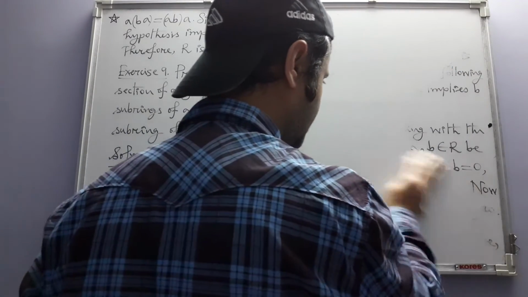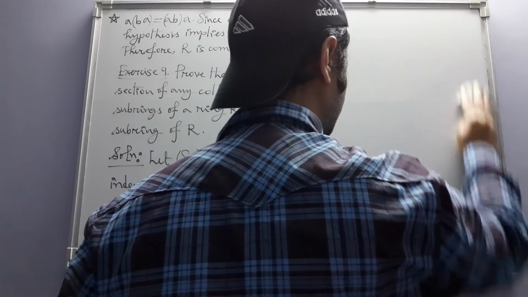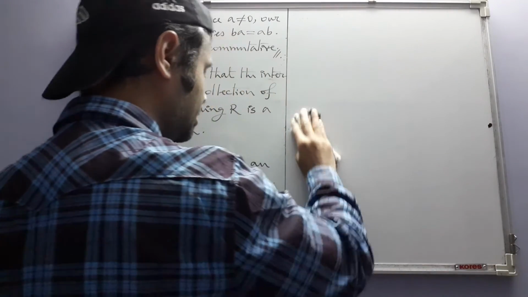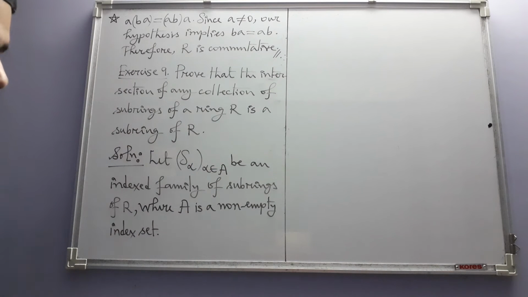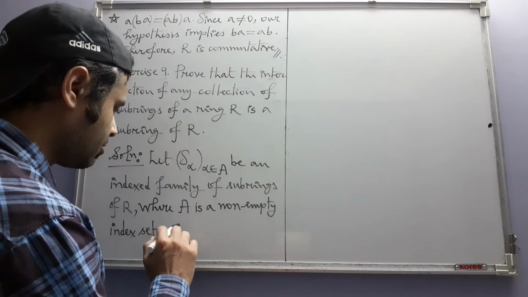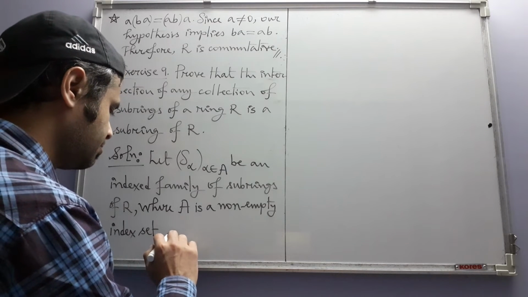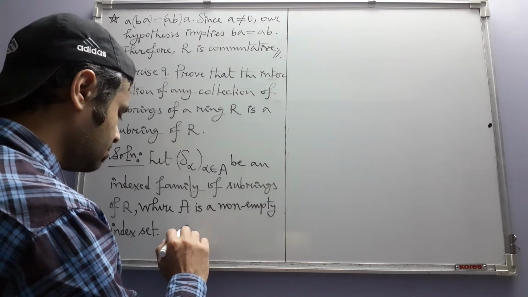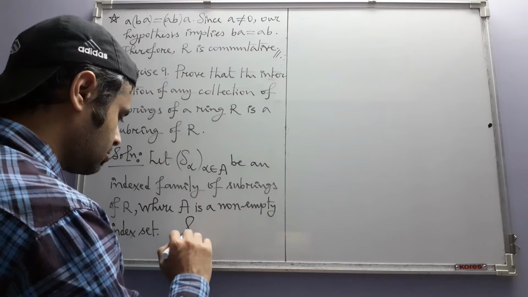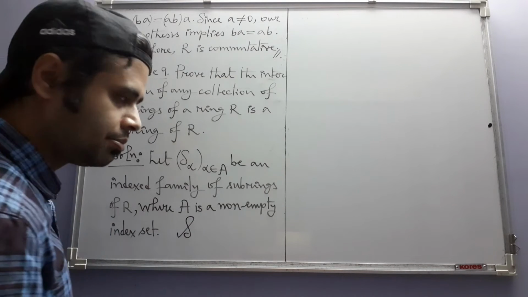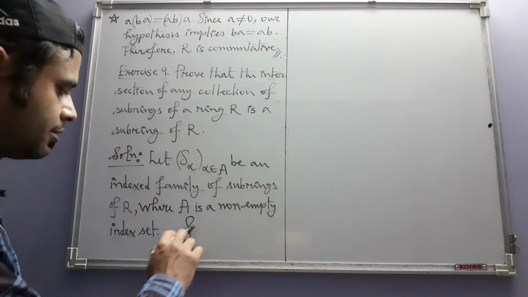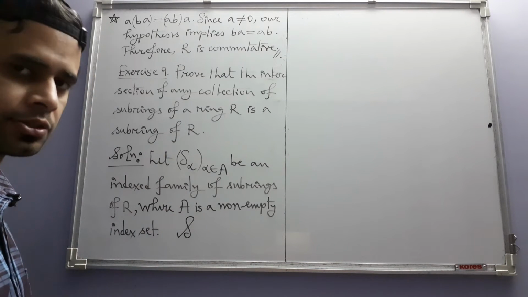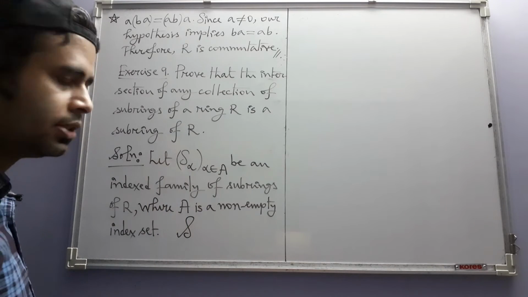Or if you find these things somewhat confusing, mention of indexed family and index sets, you can just simply consider some collection S, whose elements are subrings of R, and this is a non-empty collection. That's all. In fact, that's what we are doing here.